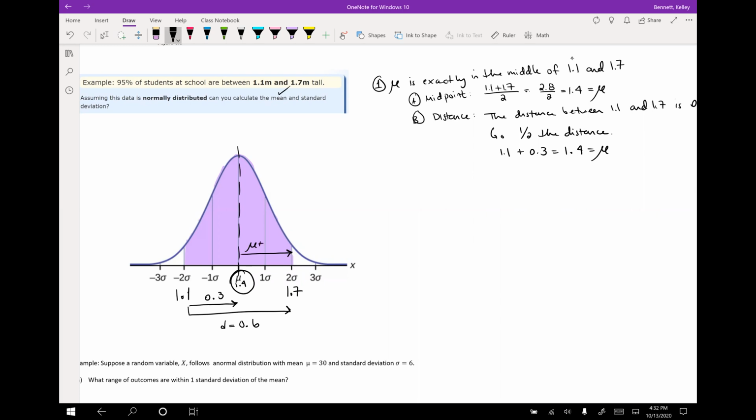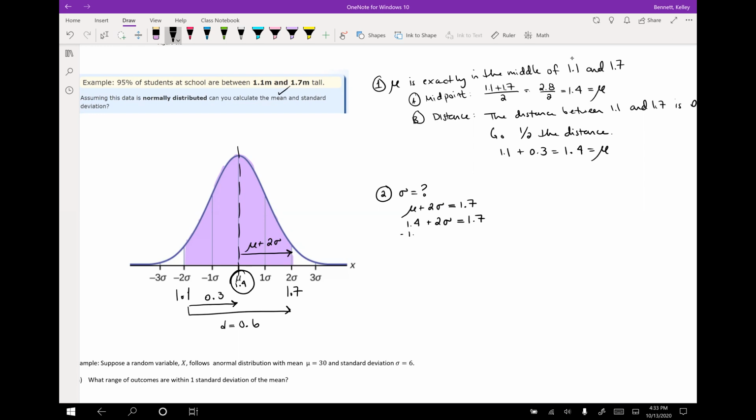Mu is the mean, my starting point, and then I'm going up 2 standard deviations, which is 2 sigma. So we know that mu plus 2 sigma needs to get us to 1.7. We know mu is 1.4. Still don't know what sigma is, but I'm feeling like we can find out.